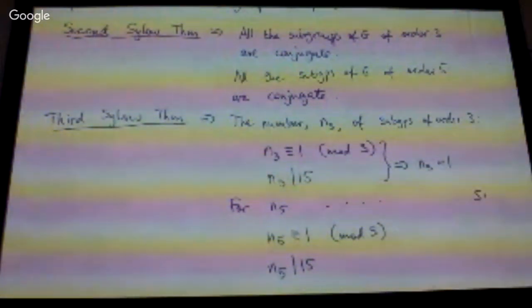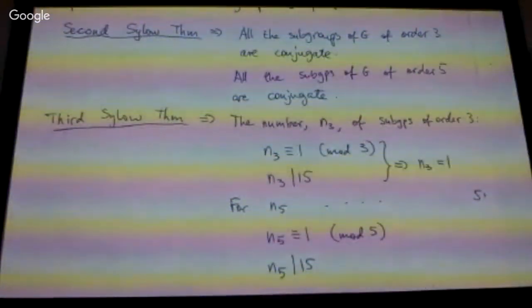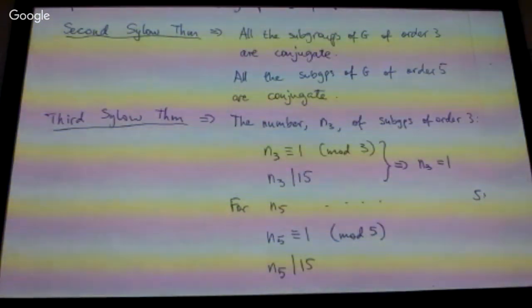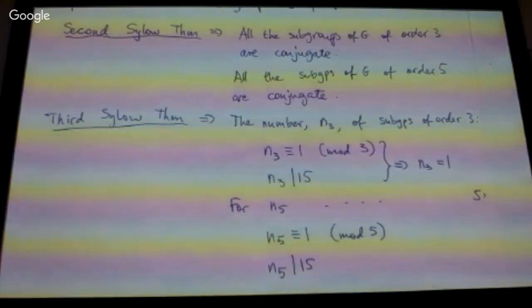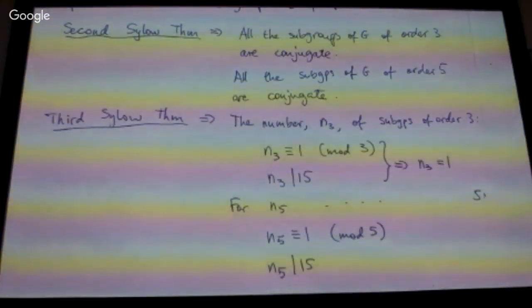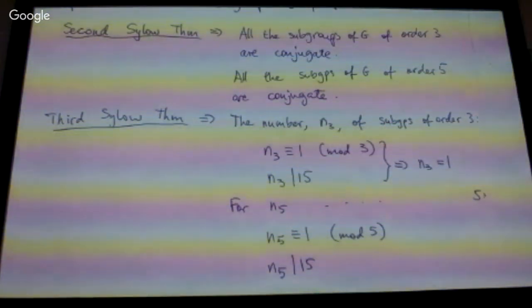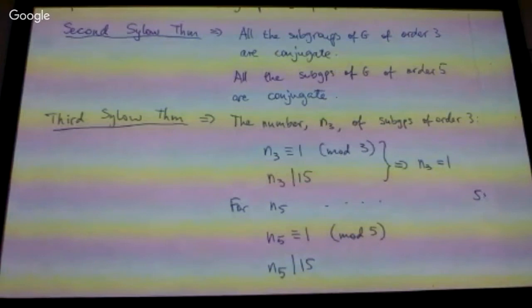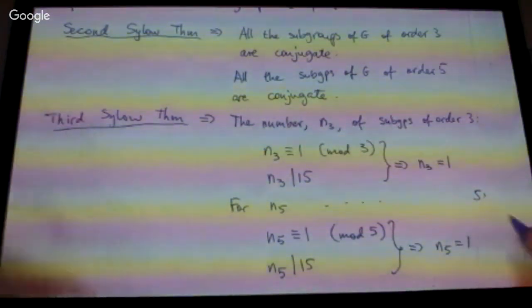So there can only be one subgroup of order 3. And among the numbers 1, 3, 5, and 15, only one is congruent to 1 modulo 5. So that can only be 1.